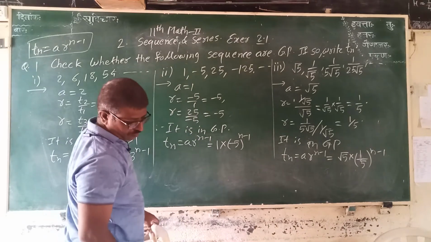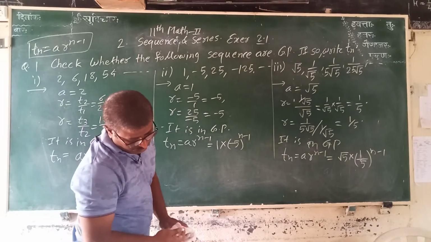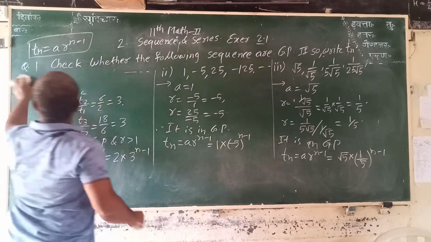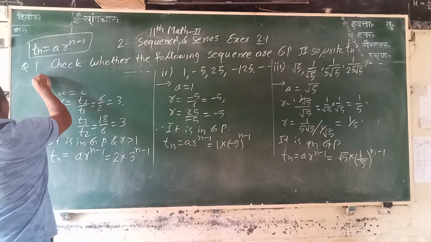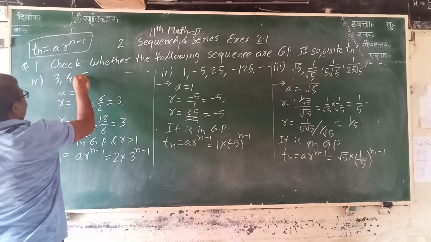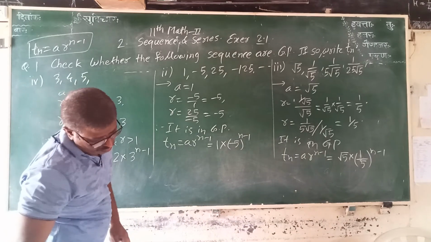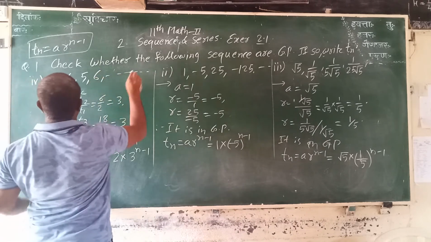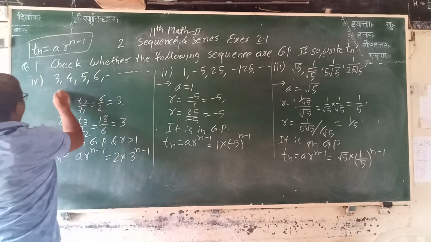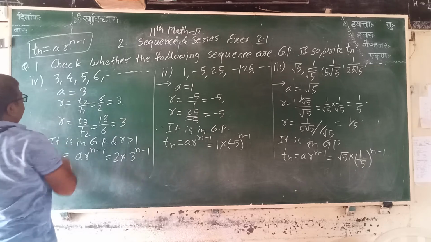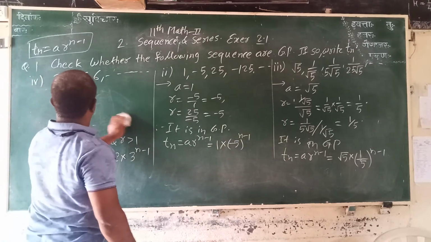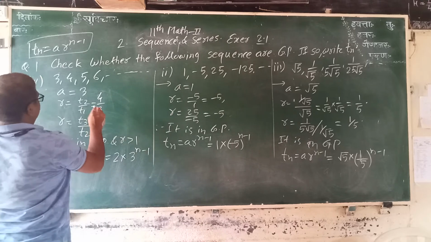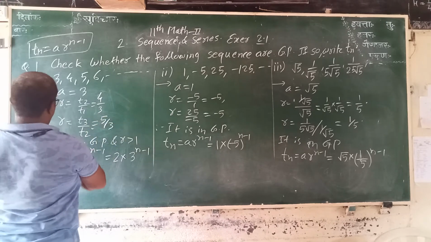Now we take the next example: 3, 4, 5, 6, and so on. Here a is equal to 3 and r is equal to 4 upon 3, and r is equal to 5 upon 4.